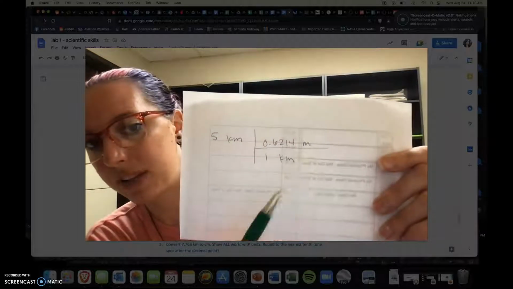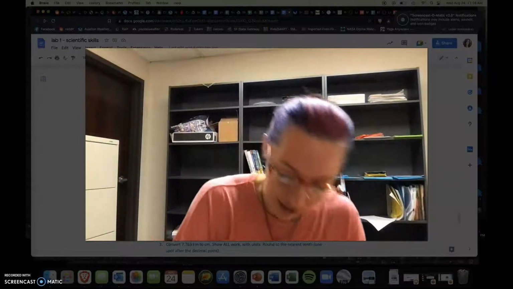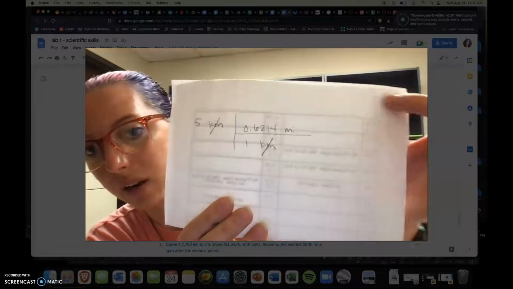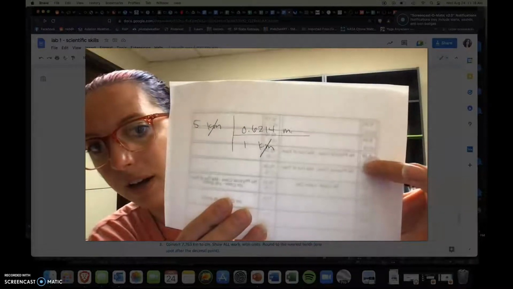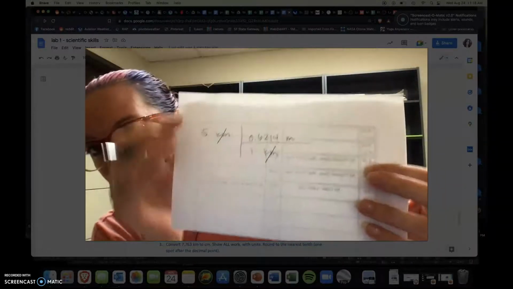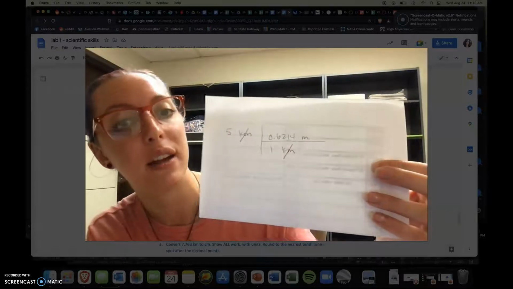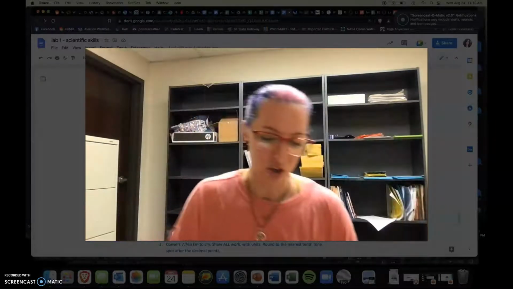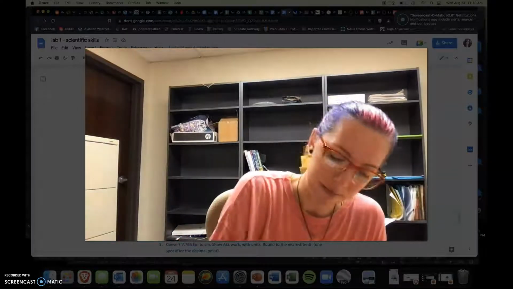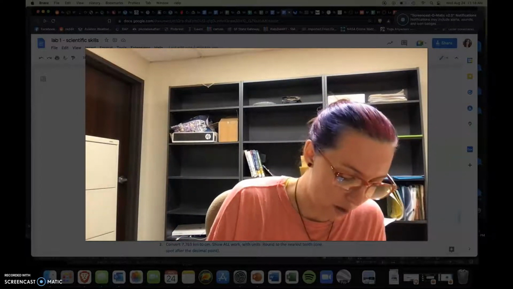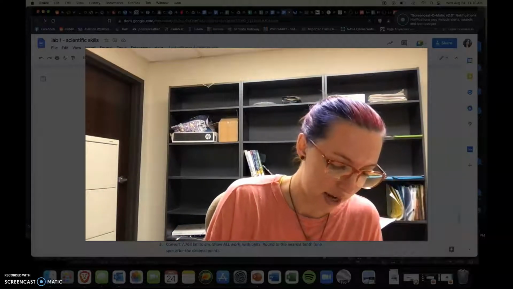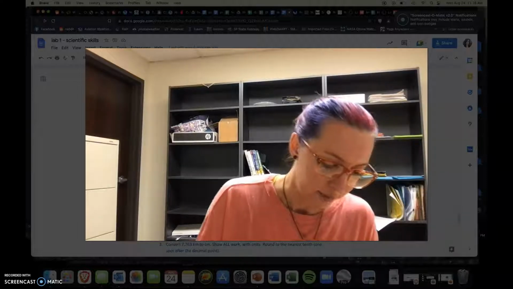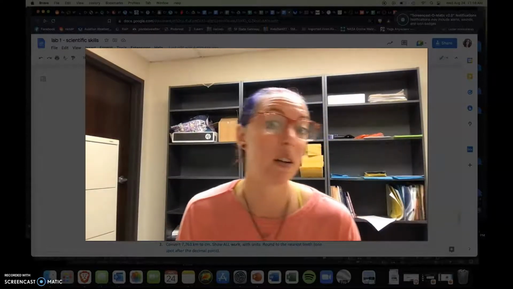The reason that we set it up this way is so we can cross out our units that cancel, right? In our numerator versus our denominator, my kilometers cancel out. So then we're left with miles, and that is the unit that I wanted us to convert to, right? So when we do 5 times 0.6214, and you can round, I think I say round to the nearest tenth.